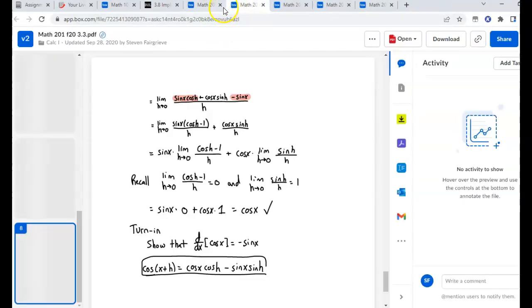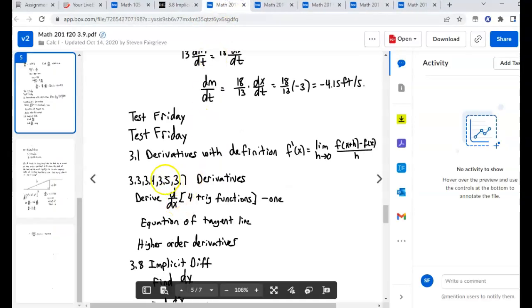Okay. And then next up, I kind of lump all these problems together, 3.3, 3.4, 3.5, and 3.7, because they're all involving derivatives using our different rules. One thing I can tell you for sure, in 3.4 and 3.5, we're talking about derivatives of the trig functions.